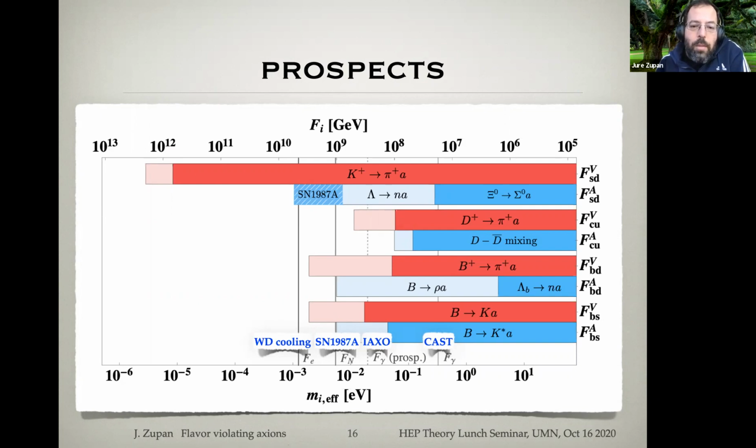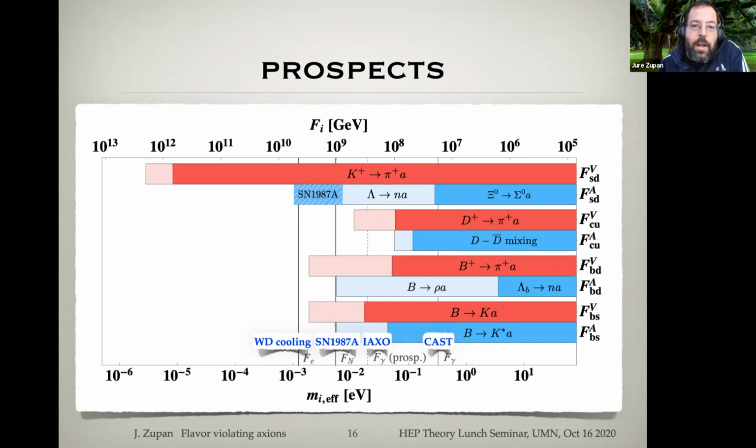And what I didn't mention is the comparison with the couplings that are diagonal. What's shown here as these diagonal lines is the white dwarf cooling bound on the coupling of the axion to electrons. Then there's the supernova 1987A coupling, so this diagonal coupling.